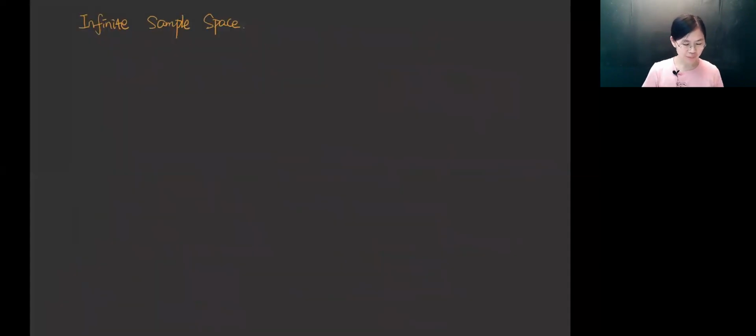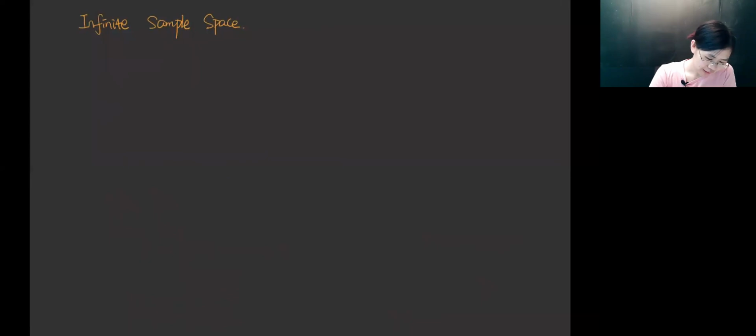One last point I want to make in this video is infinite sample space. Previously, we have focused on the finite sample space case, but oftentimes we might encounter infinite sample space. There are two kinds of infinities.